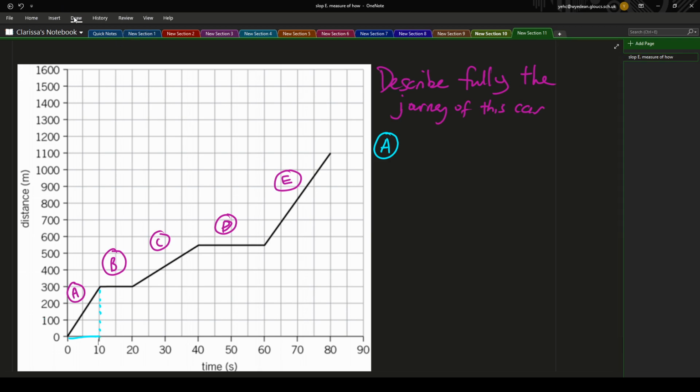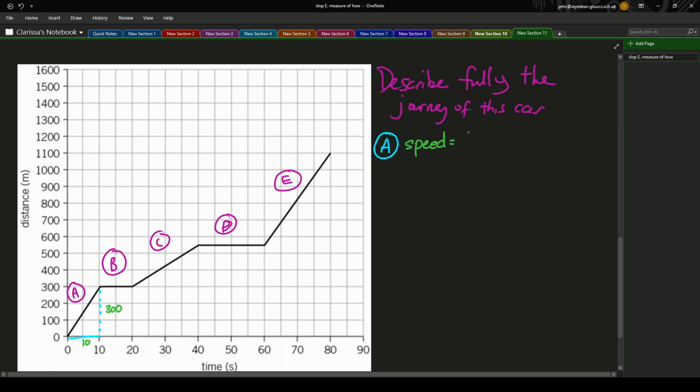So, our speed at this time, change in y is 300, change in x is 10. Our speed, remember, is calculating the gradient, so the change in y divided by the change in x. So our speed equals 300 over 10, which is 30.